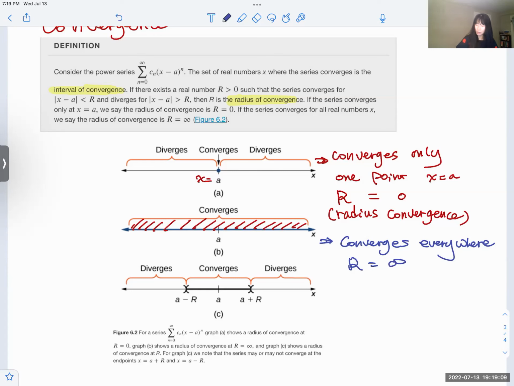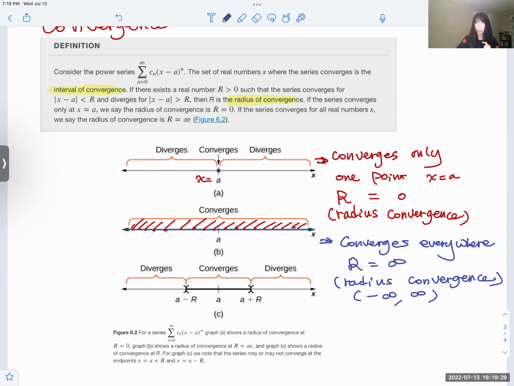If we denote this in interval notation, then we can say negative infinity to positive infinity.